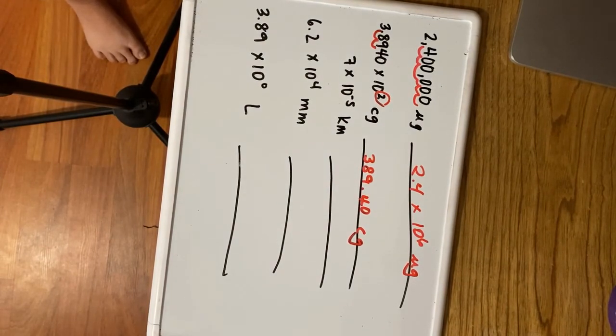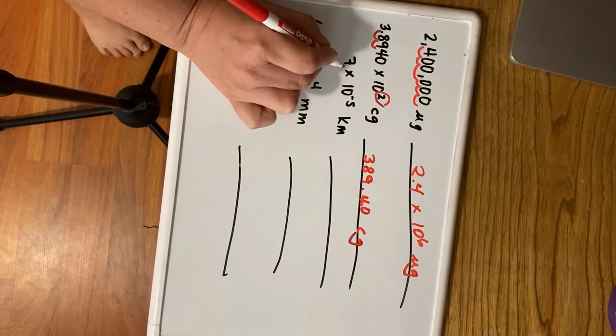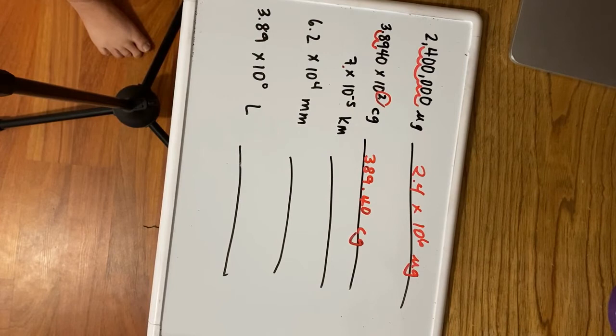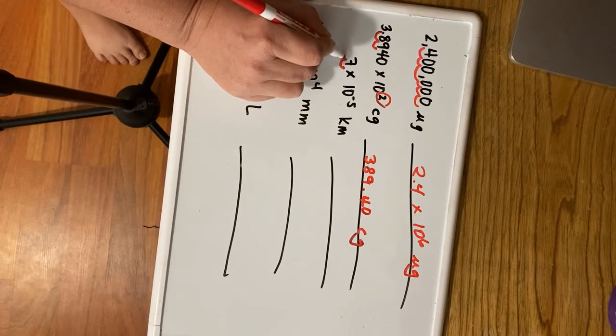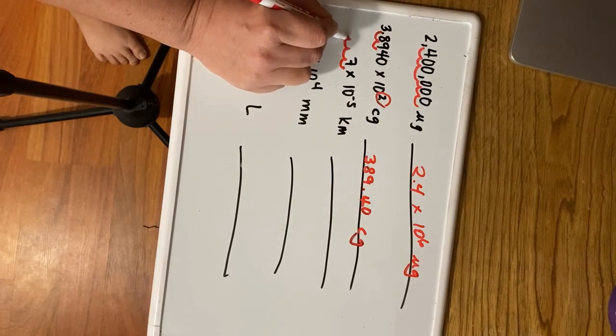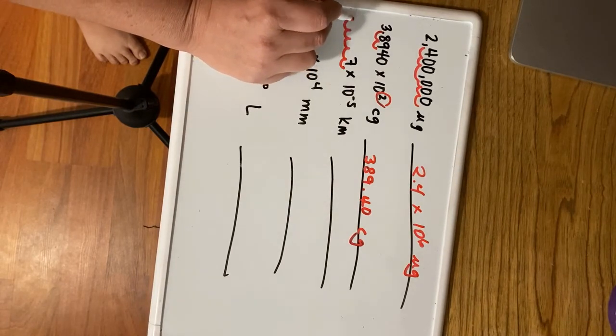Okay, now we have 7 times 10 to the minus 5 kilometers. Okay, we're going to move the decimal, which right now is right here. We're going to move the decimal 5 times, and it's negative, so we need to make a number smaller than 1. So we're going to move to the left. The decimal is going to move 1, 2, 3, 4, 5.